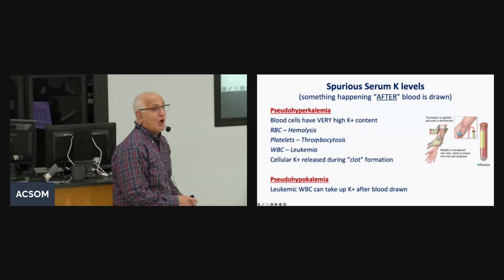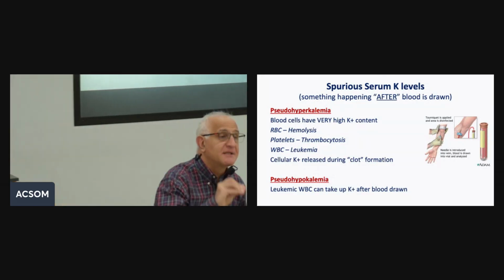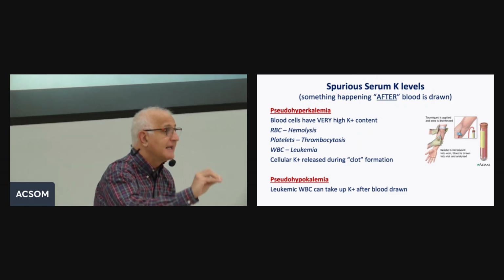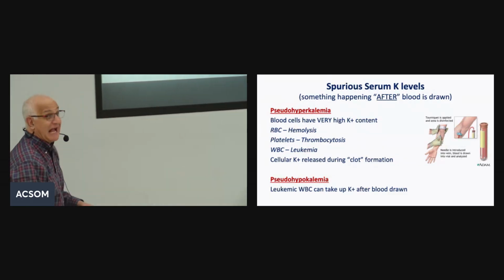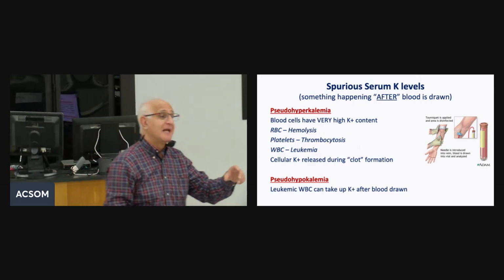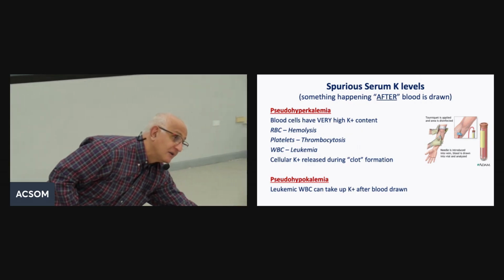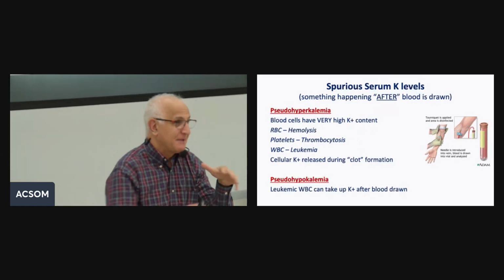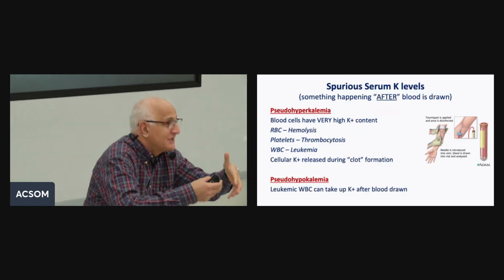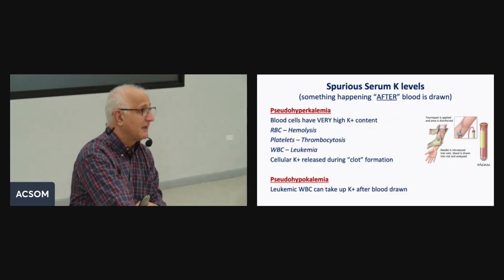Pseudo hyperkalemia, you should remember that we have a lot of potassium inside blood cells, platelets, WBC, RBC, right? So if I have a lot of WBC and you take my blood, you put it here, it waits until this afternoon before you check my serum. Is there a possibility of some of this potassium leaking out and giving you a level that is higher than what it is in my body?